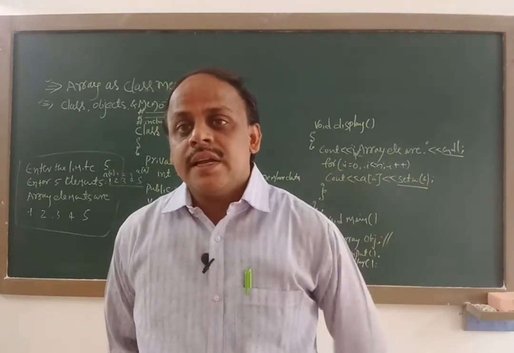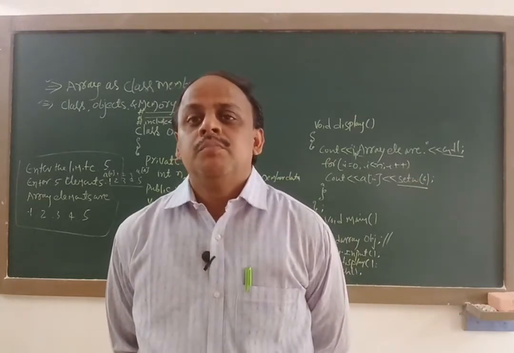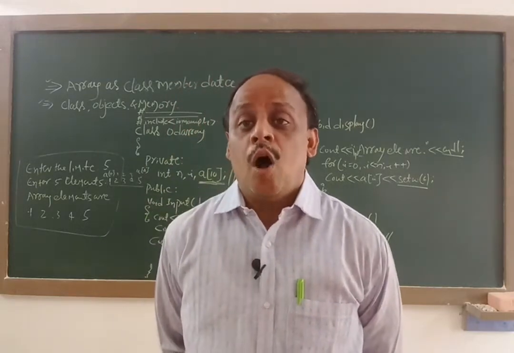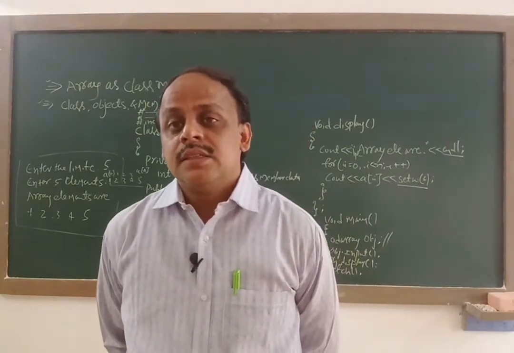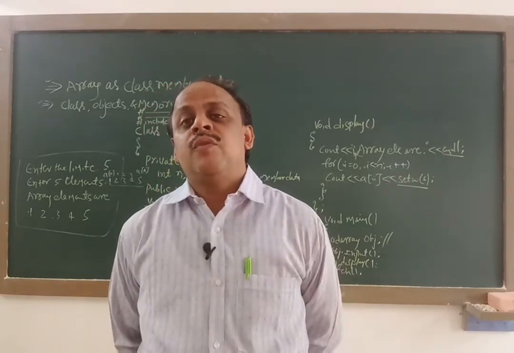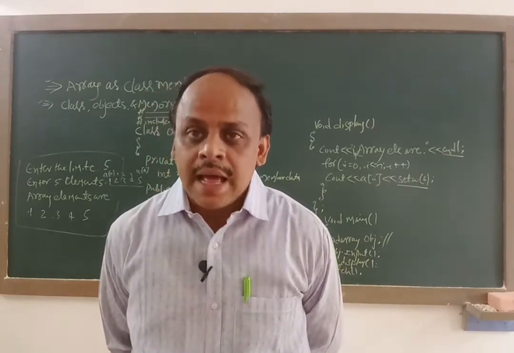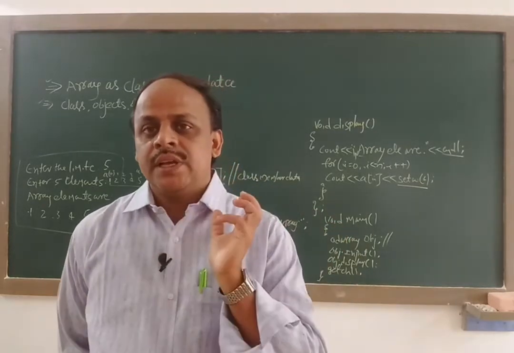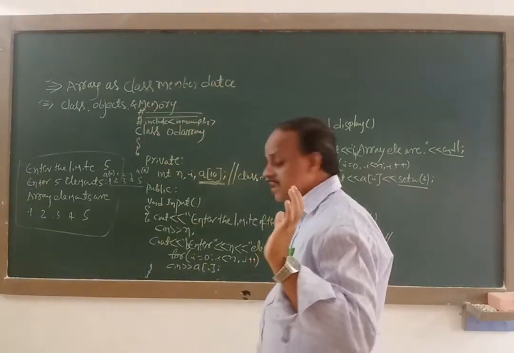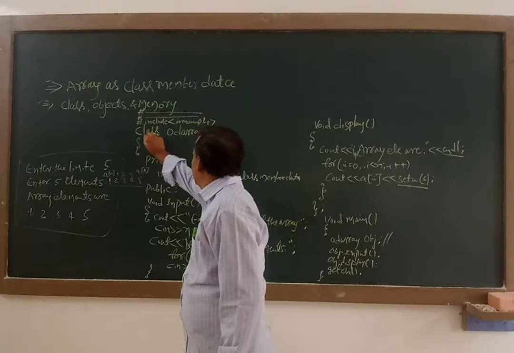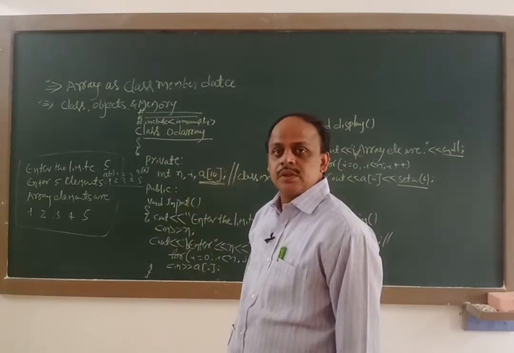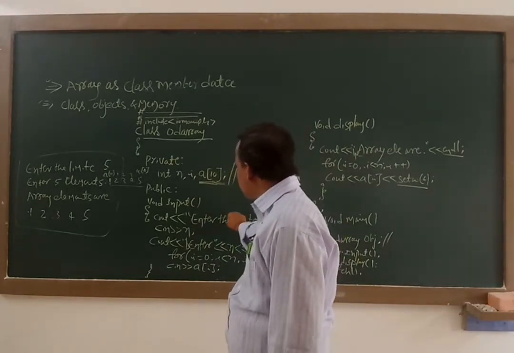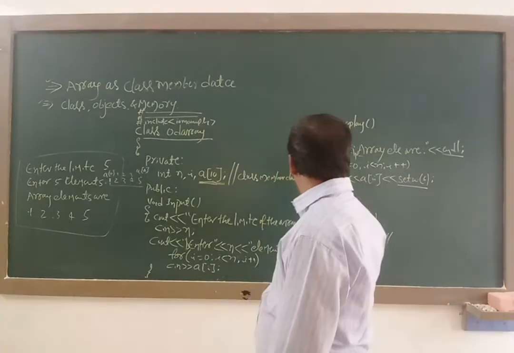This is the concept. So when is memory allocated for the members of a class? Whenever you declare objects for the class, then memory is allocated for the members of the class. This is the relation between class, objects and memory. Listen here, see here, this is the class, right? A one dimensional array class, where you declare a class with member data and member functions, and you close the class.